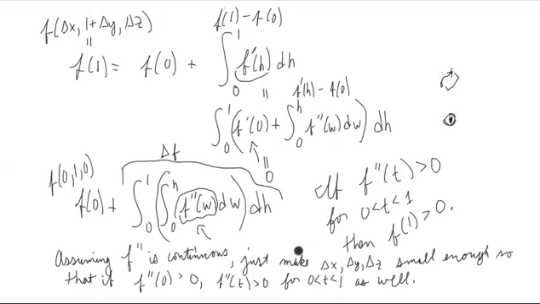So we're going to use that idea to realize that we can make it small enough so that with this second derivative being positive, it actually makes this whole integration positive, which makes that change of f positive. So that's just a little technical argument, but it works as well. The nice thing about this argument is that we're dealing directly with this point plus a change, and then seeing how that change is positive right there in that particular case.